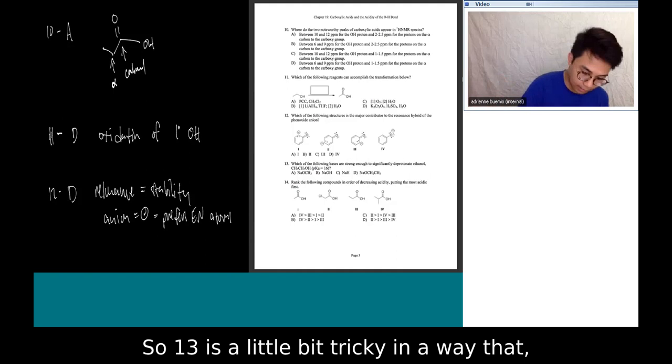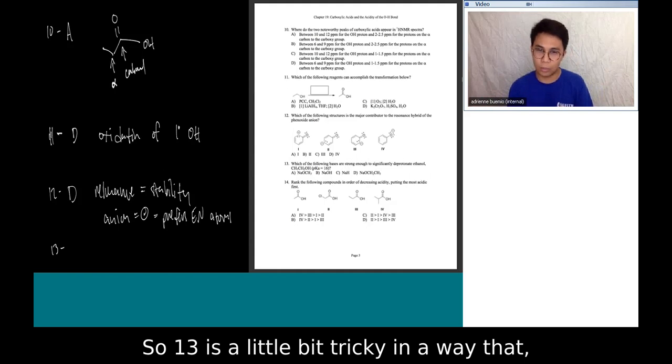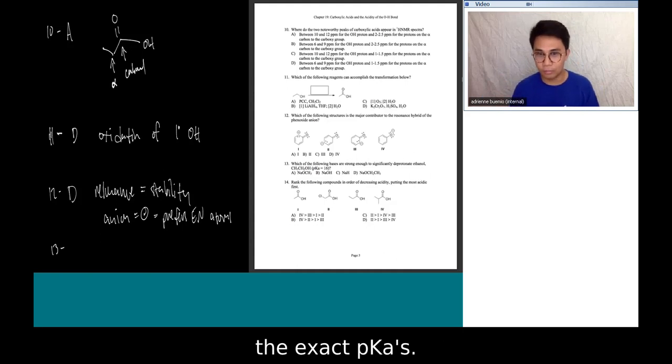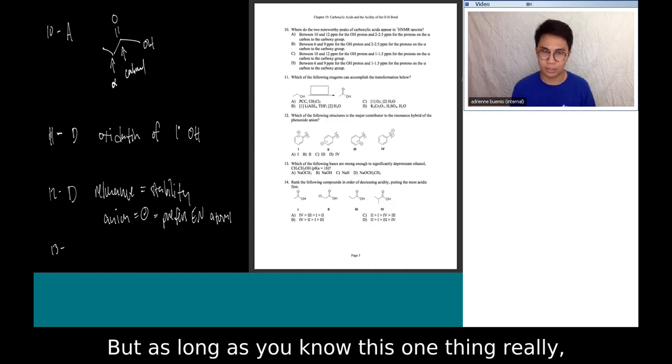So 13 is kind of tricky in a way that depending on who you have, you may or may not have to know the exact pKa's, right? But as long as you know this one thing really, you should be good.